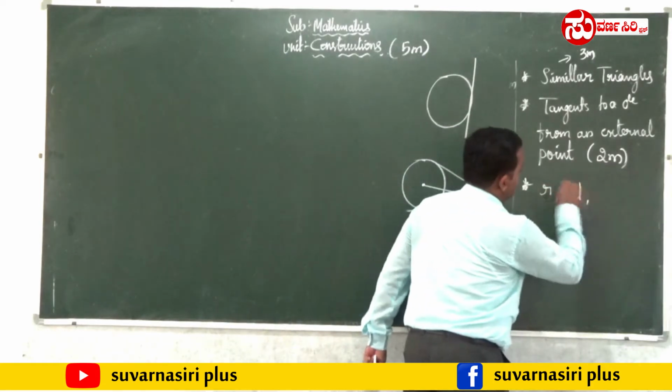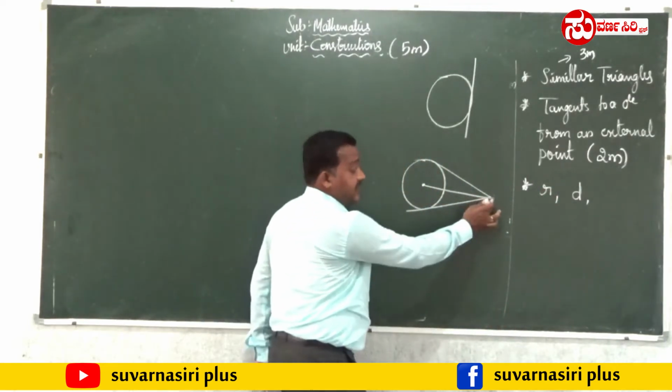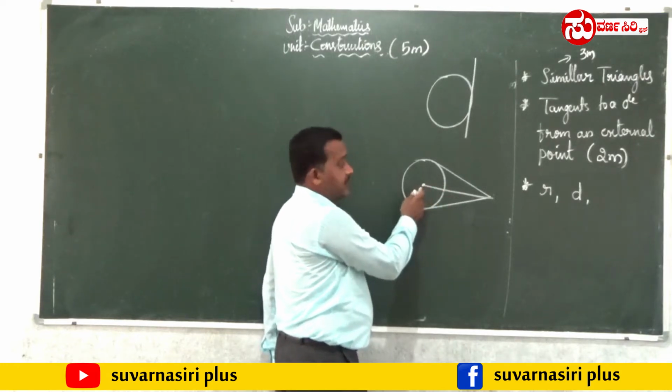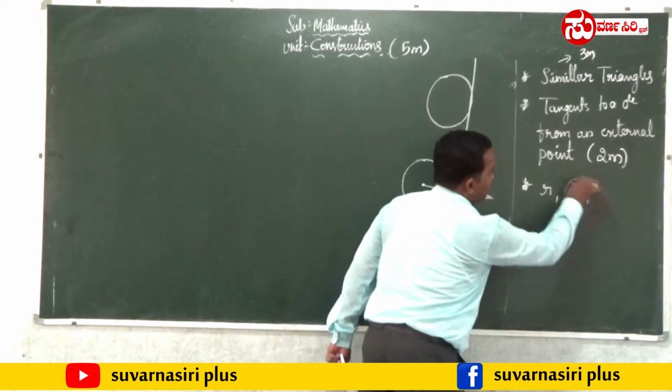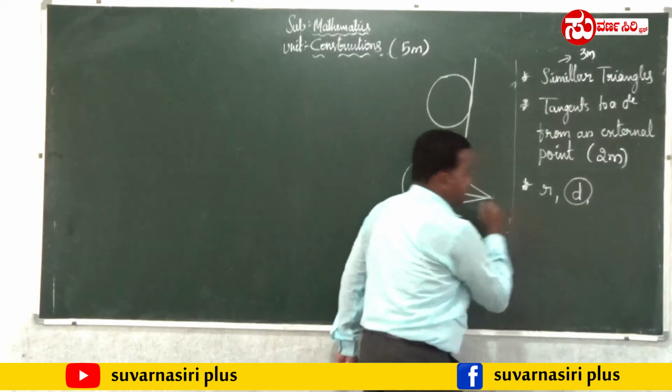Then he will give the distance of that external point, maybe from the circle or from the center, which I am going to take as D. Okay. So two data will be given.